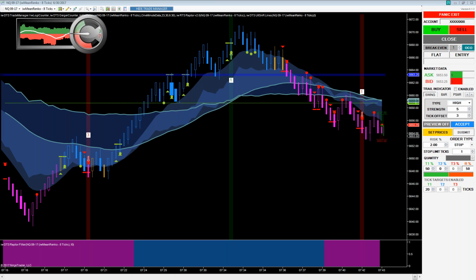All right, so here we got the trend change signal lower now, the number one signal. So the market obviously fighting itself. We're getting signals higher, we're getting signals lower.